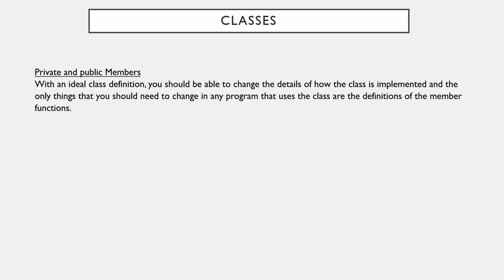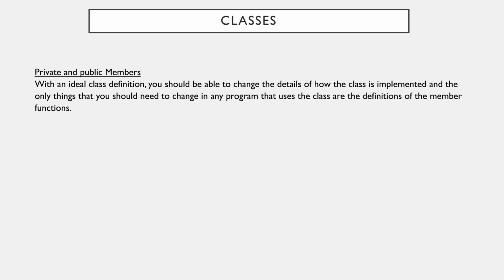All right, private and public members. With an ideal class, you should be able to change the details of how your class is implemented, and the only things you need to change are those that use the definitions of the member functions. The idea is that you have control of your class, and you only have to change things in your class.